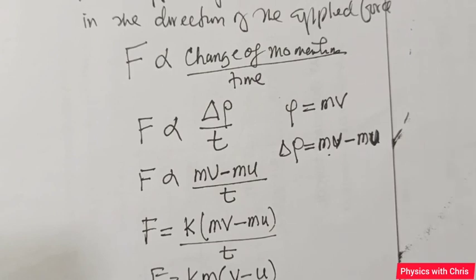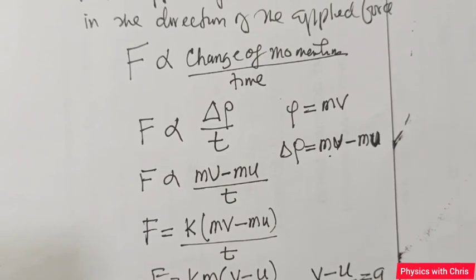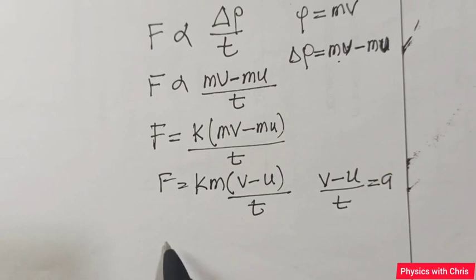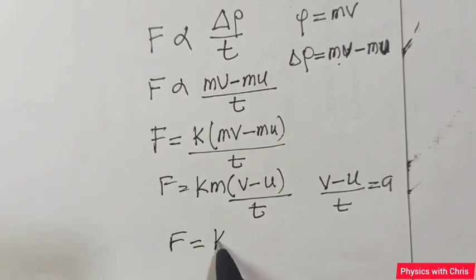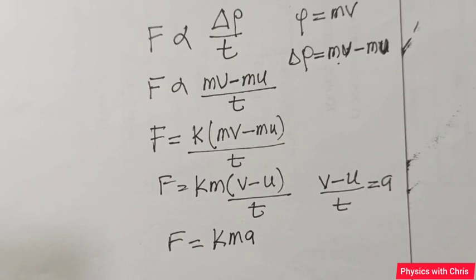And we know from kinematics that final velocity minus initial velocity over time is defined as the acceleration of the body. So then we write F equals k m times a. That gives us the equation F equals mass times acceleration.